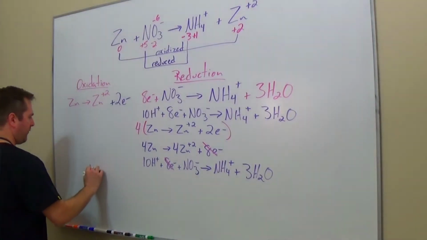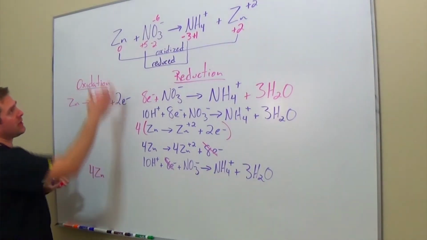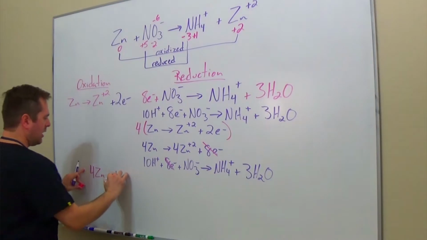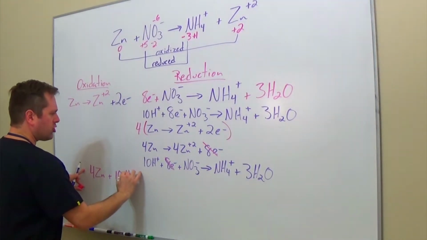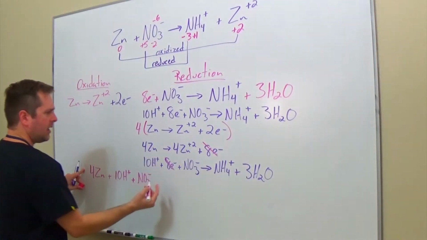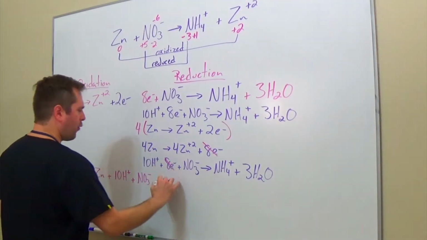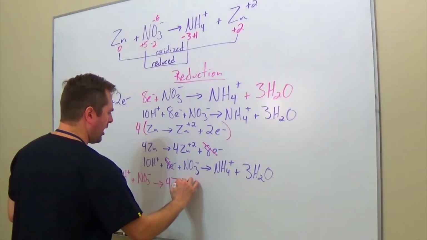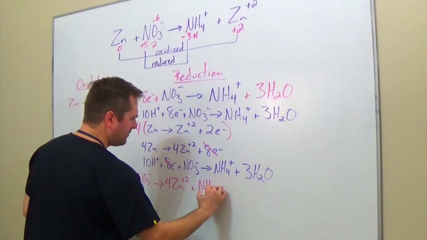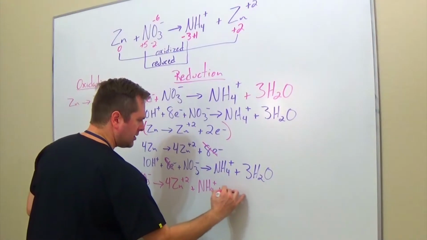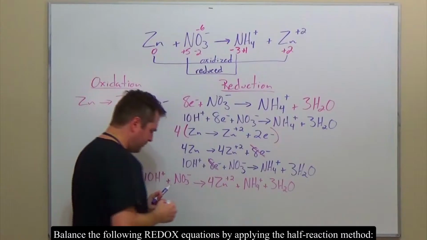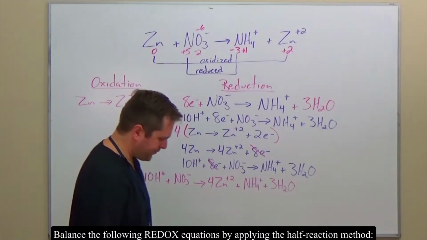I'm going to say 4 zinc, because we didn't have any spectators to bring down or anything like that. 4 zinc plus 10 hydrogen ions plus the nitrate ion yield 4 zinc 2+ ions plus the ammonium ion and the 3 waters. Okay, last step.